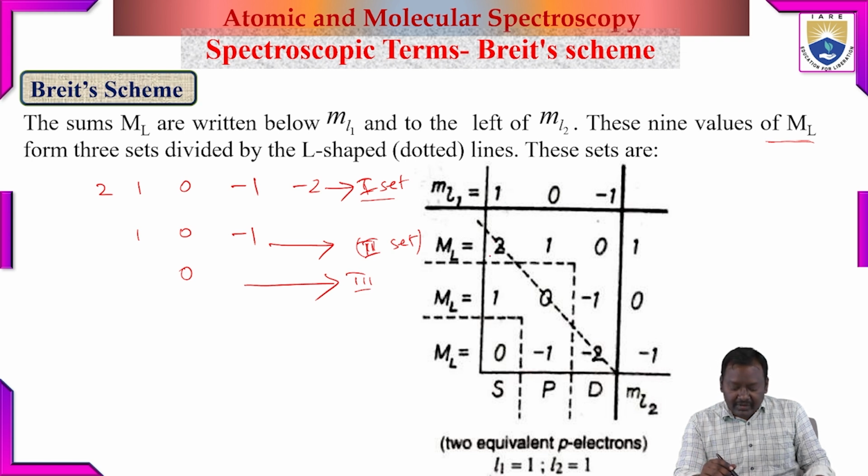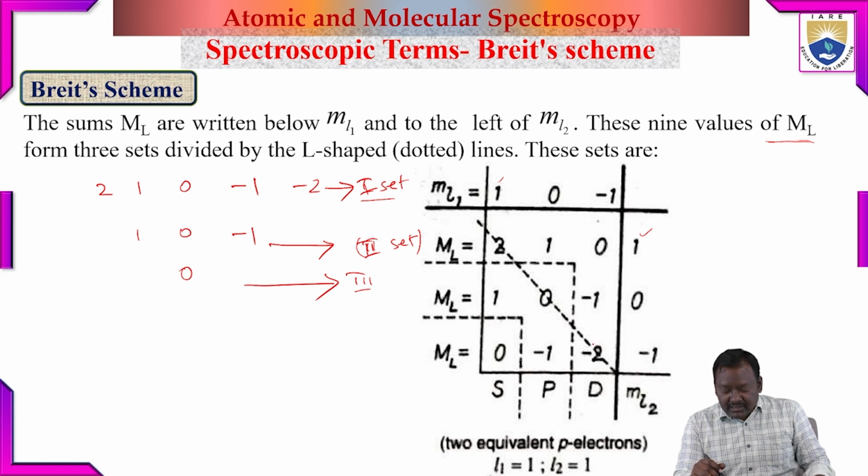So we are obtaining the value 2 for ml when ml1 is 1 and ml2 is 1. So ml1 and ml2 are same for the two electrons to obtain the 2. And here also, to obtain 0, the ml1 value is 0, ml2 value is 0. That means two electrons having the same ml values.